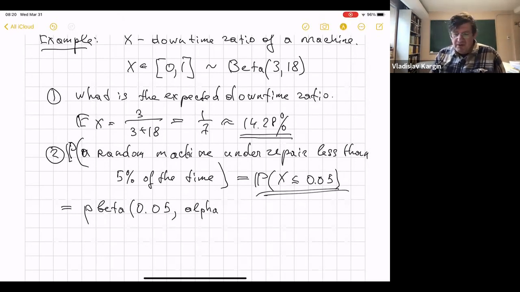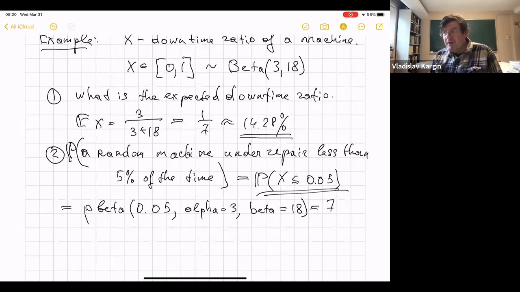Alpha is equal to 3 and beta is equal to 18. If you issue this command, it gives you the probability. The probability is pretty small, and it's equal to 0.07548, something like that.